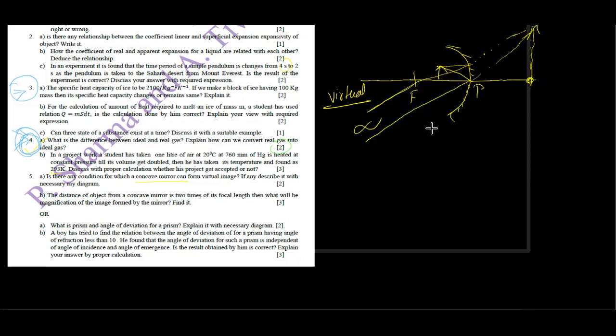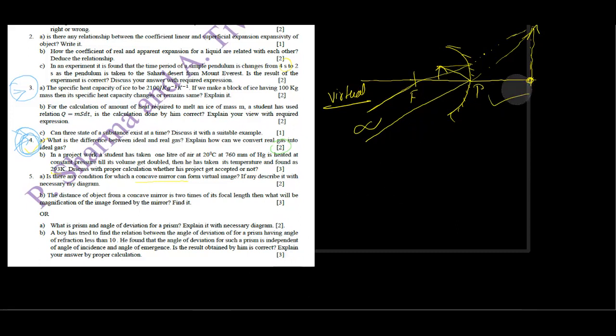This image will be virtual in nature. So you have to draw this ray diagram and mention that if we place the object in between pole and focus, then a concave mirror can form a virtual image of any object.